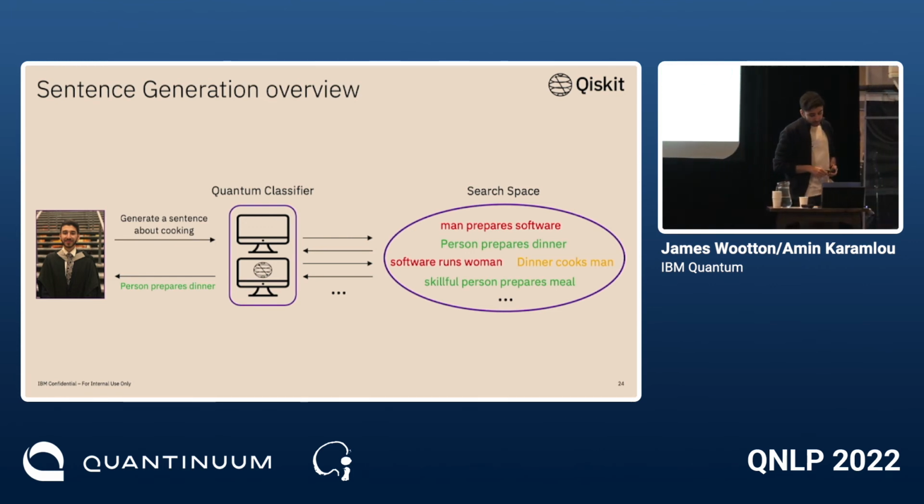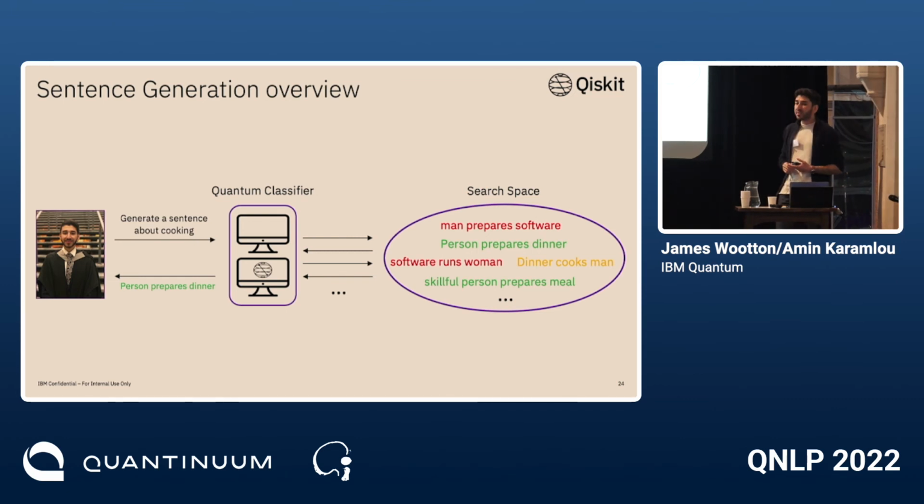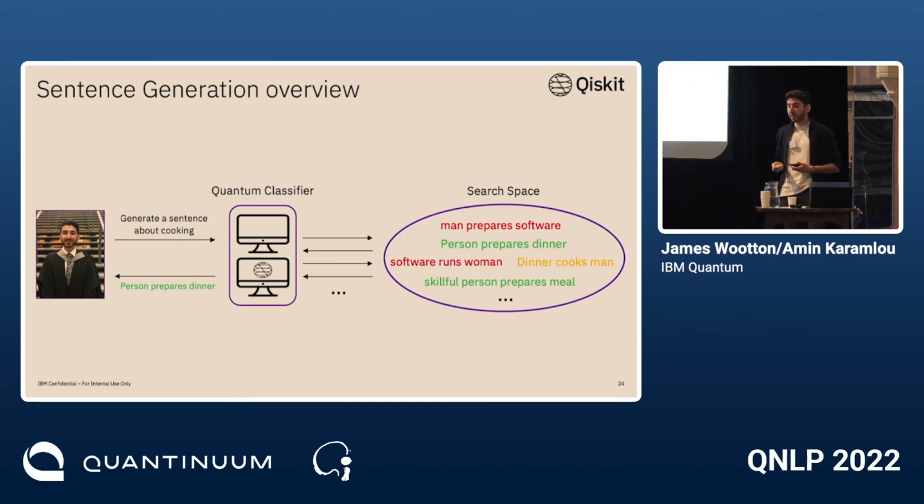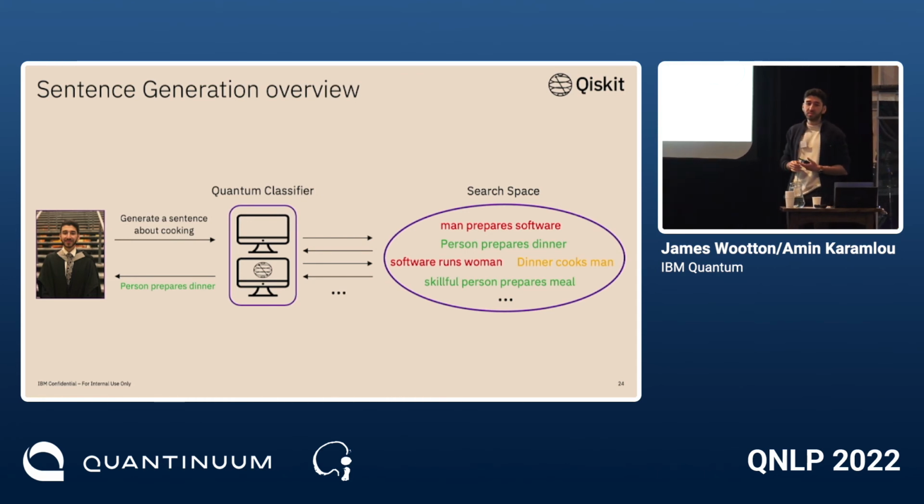And to solve this task, we're essentially going to treat it as an optimization problem. That means there's a search space of possible sentences. In this case, it's all the sentences that you can build out of the vocabulary which your classifier is trained over. And you can see that in this search space, there are going to be all sorts of sentences, right? There might be sentences that have the incorrect topic.